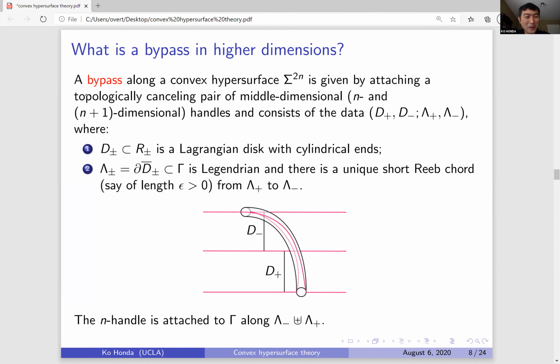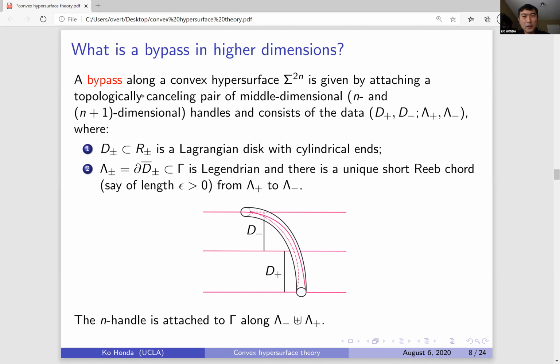I called it topologically canceling, but it's probably better said as a smoothly canceling pair. So it's given by attaching a smoothly canceling pair of middle dimensional handles: an n handle and a canceling n plus 1 handle.